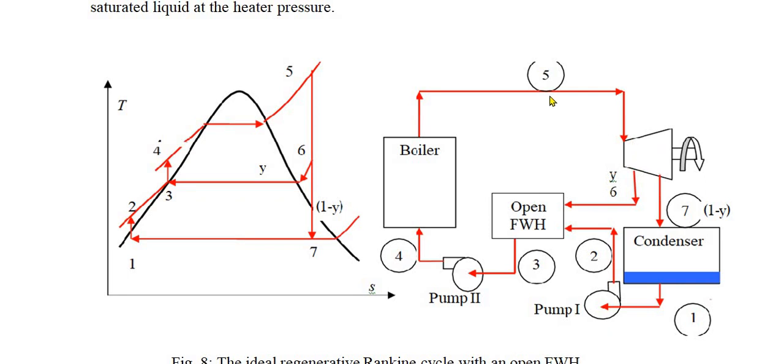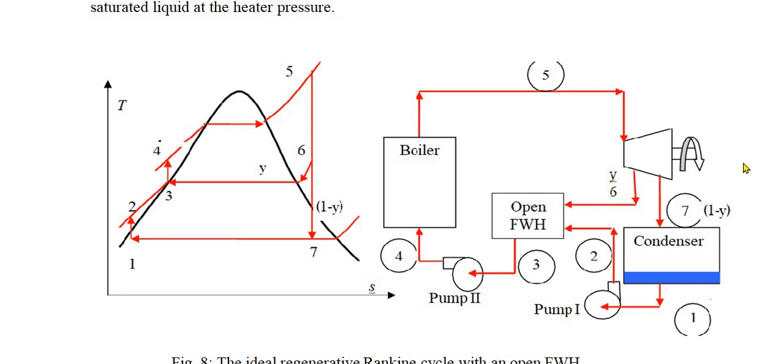Let us assume 1 kg of steam is entering the turbine. In that 1 kg, after some time, let us say when the steam has expanded to 6, at that time I am trapping y kg of the steam. You can see from 1 kg we are trapping y kg of steam after expanding partially. Now what steam is left if you trap y kg from 1 kg? 1 minus y kg is left, and that is allowed to expand completely.